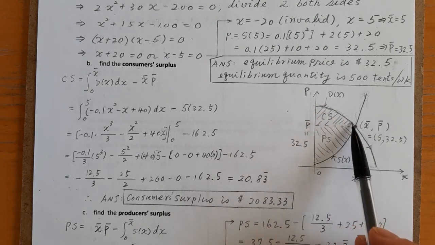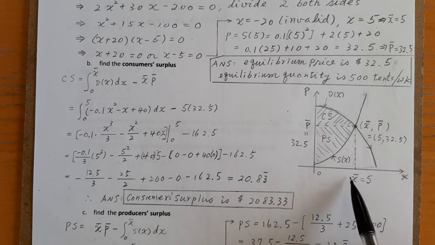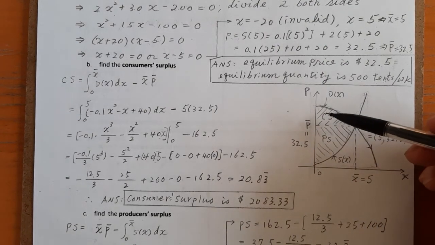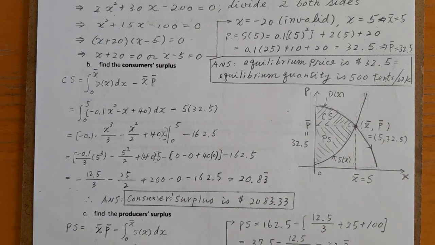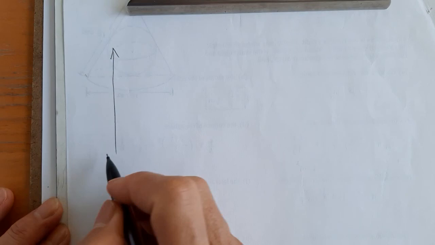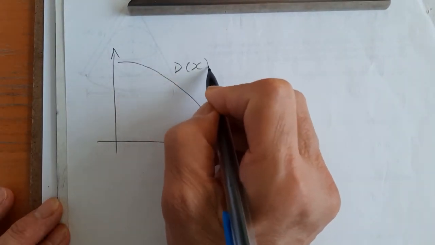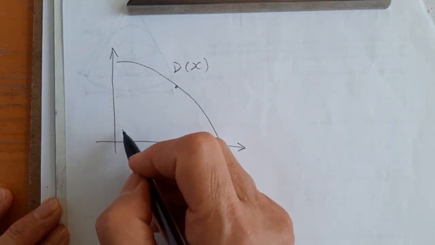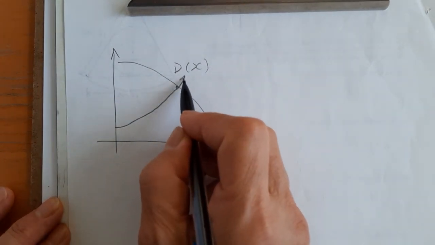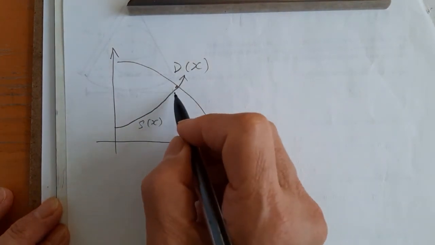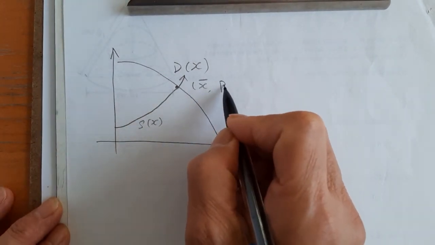Is this the demand function? If you take the integral from 0 to X bar, this is the demand function d of x, and we figure out this supply function s of x, and this is x bar and p bar.